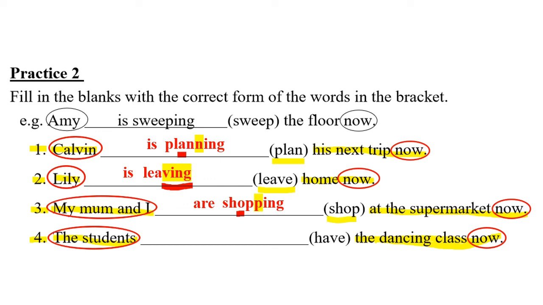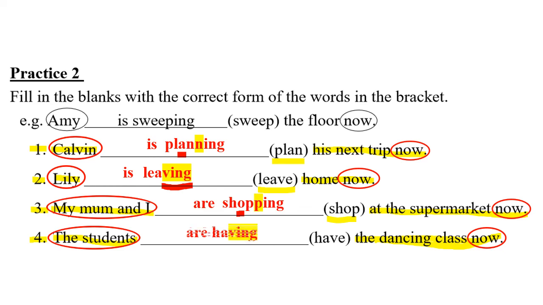Oh, Miss Chen, I know the answer. The answer is is having. Oh, students, there are 2 mistakes in this answer. Can you help me to find out the 2 mistakes and correct the answer? You now have 5 seconds to think about that. Great job, everyone!